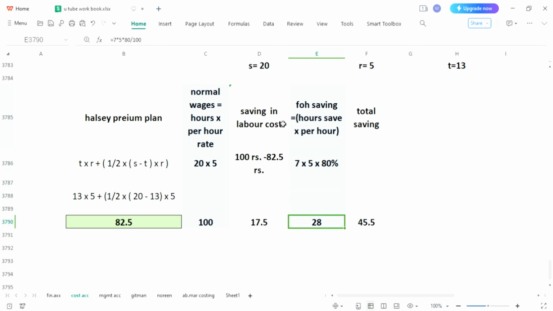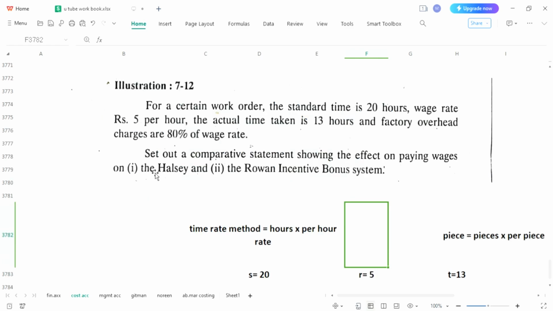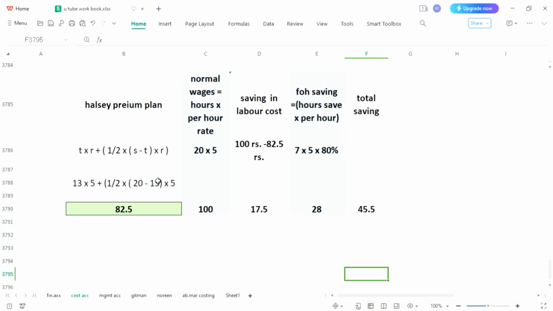FH saving 28, labor saving 17.5, total saving 45.5 you have made. Okay, so from here you will go back to the question, and according to Halsey you have calculated wages and its saving. These were two answers which needed to be calculated.